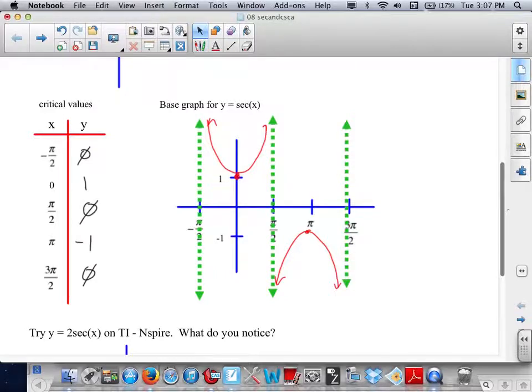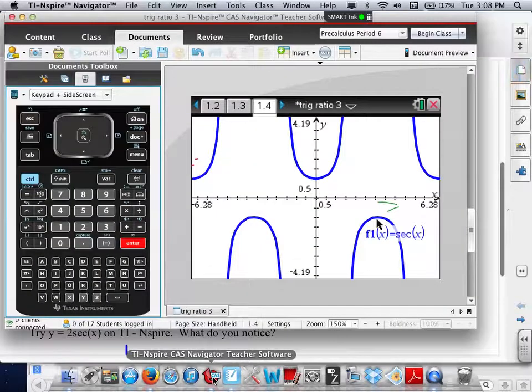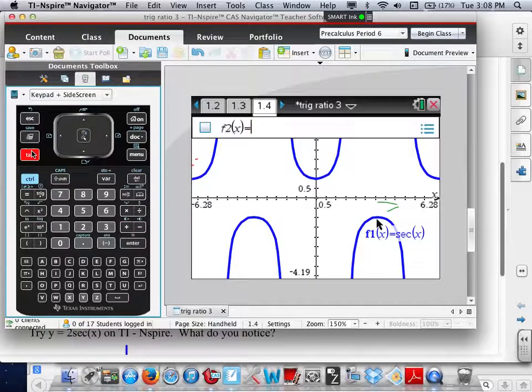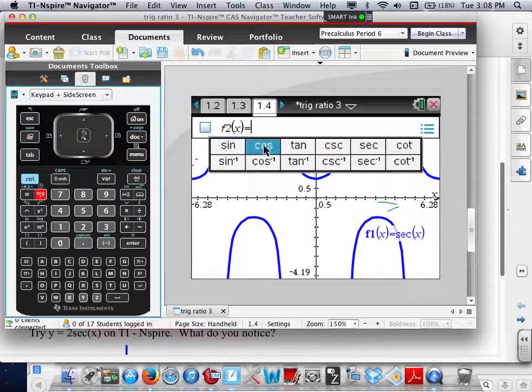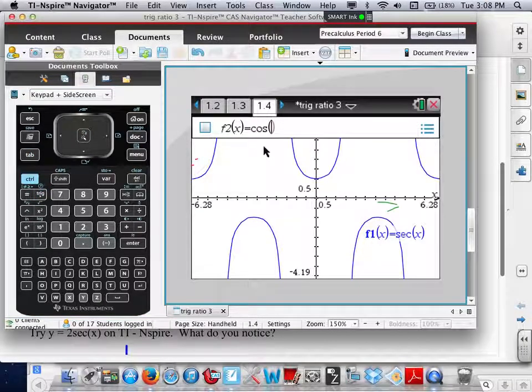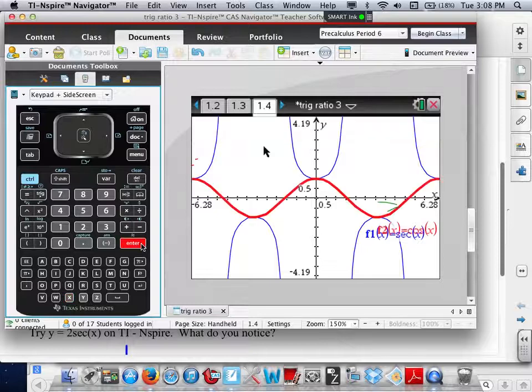Okay, that's what it looks like. And then, if we go back to our document real quick, if I put in its reciprocal function, cosine and secants are related, you can see that when I do cosine, how they're kind of related. That red one's the cosine graph.